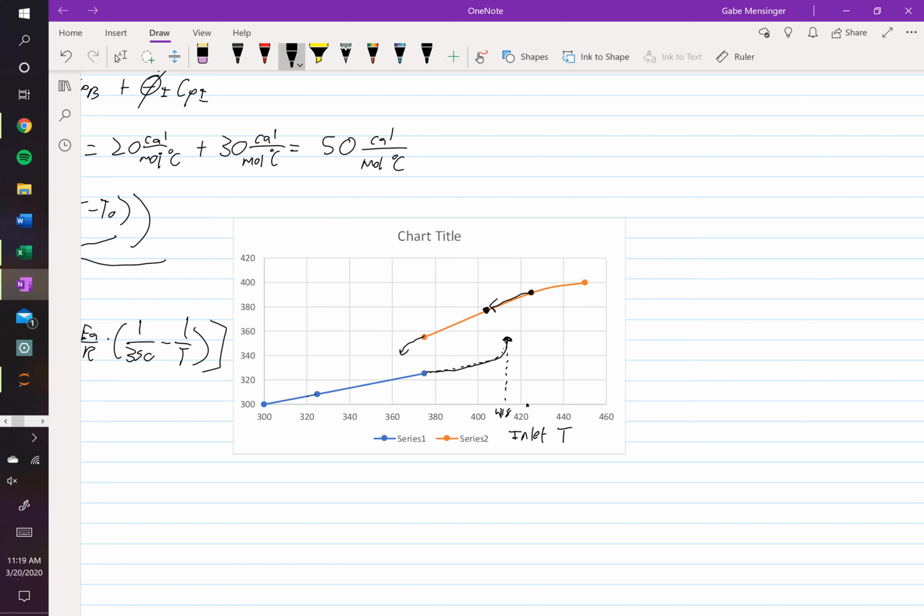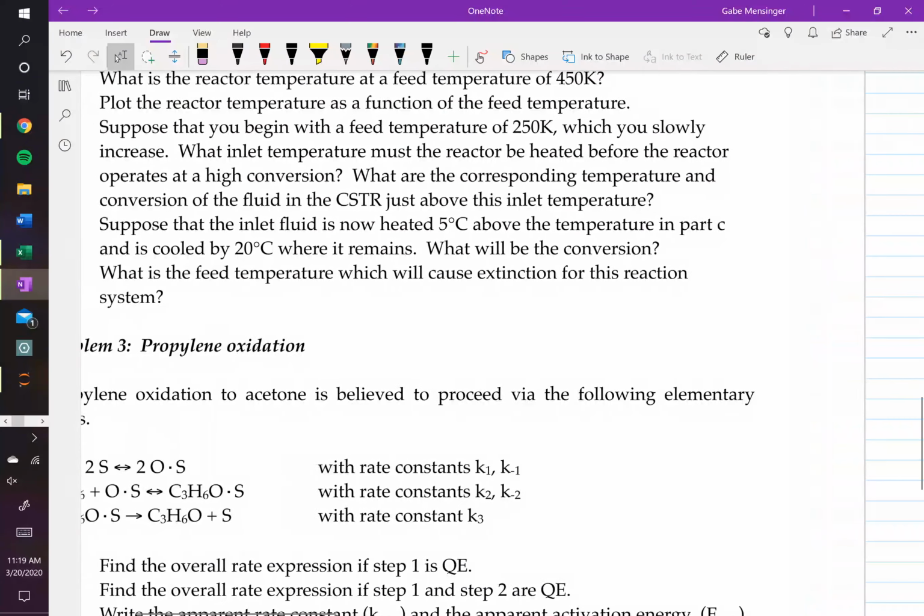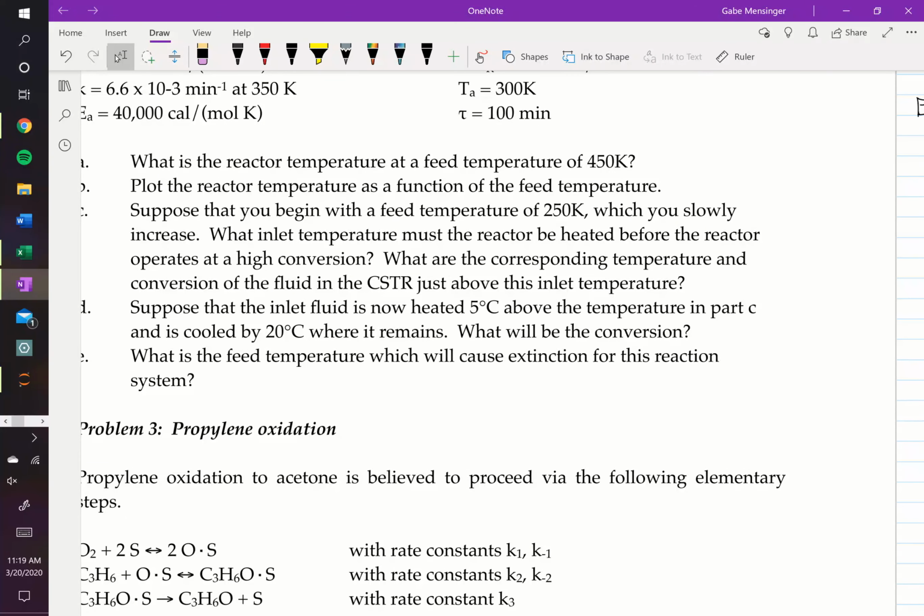So even though we are cooling it to a point where the lower branch does exist, we have not hit the extinction point. So we know that our operating temperature and conversion are going to be on this upper branch. And knowing that it is on that upper branch, you'll have to solve for that reactor temperature and the conversion.